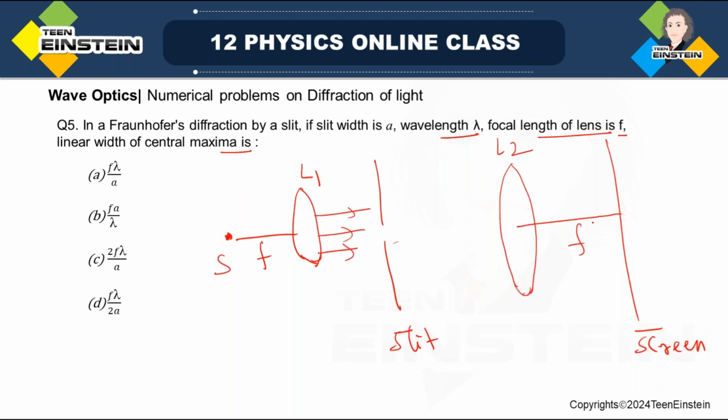So this is the focal length we can just consider. The question is, what is the linear width of the central maxima?